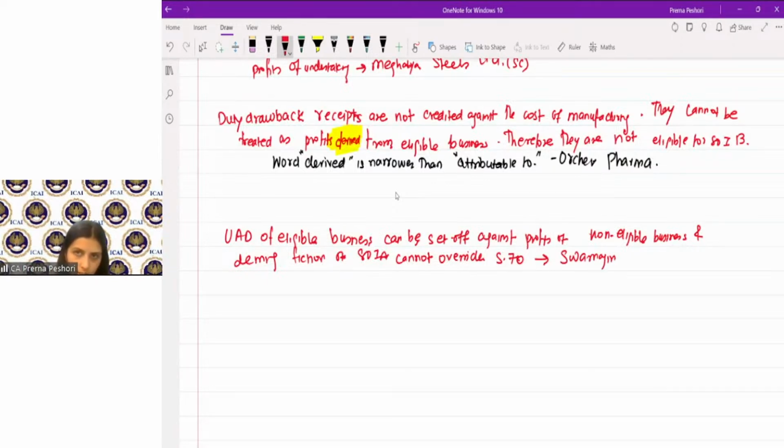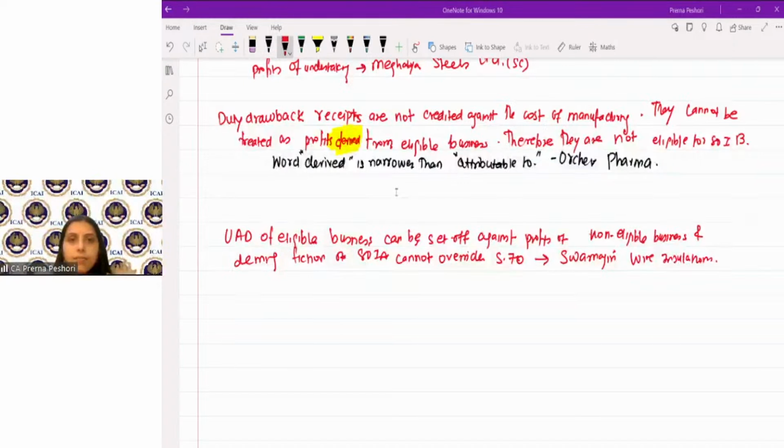Swarnagiri Wire Insulations. Okay. So 80IA cannot restrict in any manner the deeming fiction which is there. The 80IA deeming fiction cannot restrict in any manner Section 70. Are we clear? Clear?